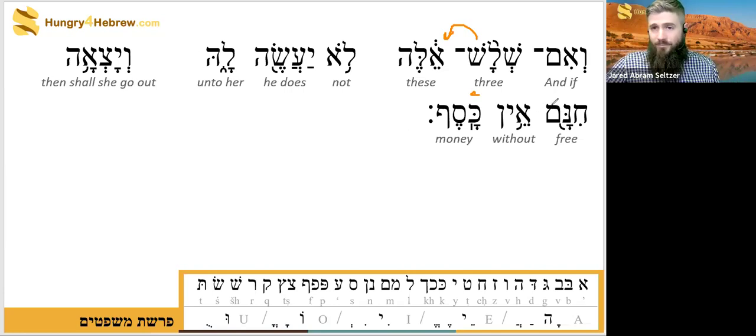Chinam, by grace, for free. Ein kasef, there is no silver, there is no payment, there is no money. She's doing it for free. If you can't take care of her, then she gets to go for free.